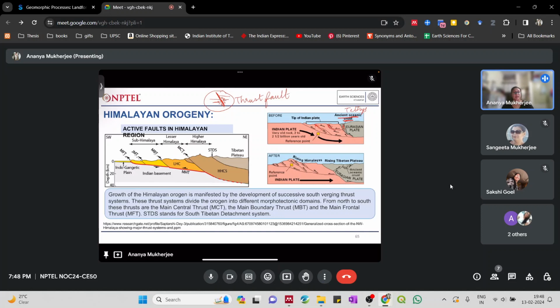These joined together and rose in height because the collision kept happening. The reference point here rose up to a certain height, considering the MSL, or mean sea level. This is how continental convergent boundaries give rise to mountain building processes.